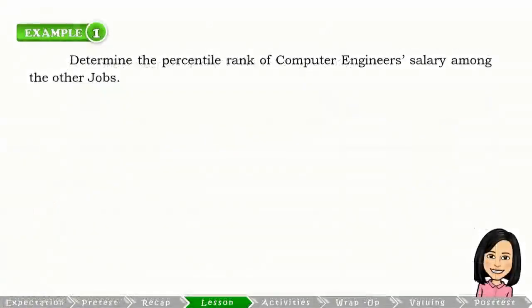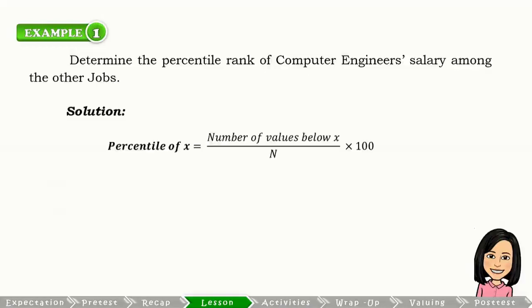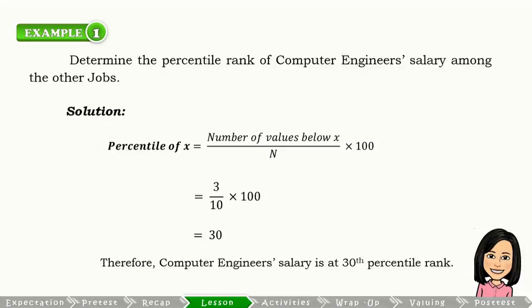We can now compute the percentile rank of computer engineer salary among the other jobs by substituting the given values into the formula. It will become 3 divided by 10 times 100, and that will be equal to 30. Therefore, computer engineer salary is at the 30th percentile rank.